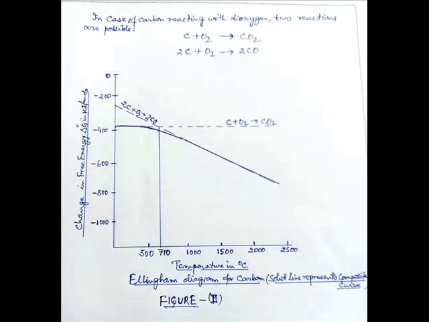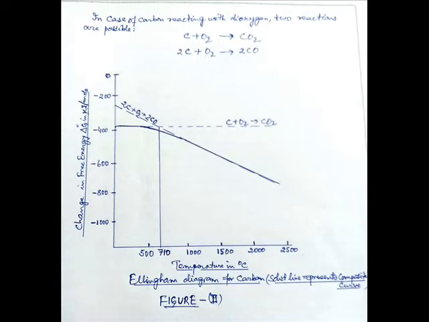In the first reaction, that is the formation of carbon dioxide from carbon and dioxygen, the volume of CO2 produced is the same as the volume of O2 used. Obviously, in the equation C plus O2, O2 is one volume, and similarly CO2 is also one volume.